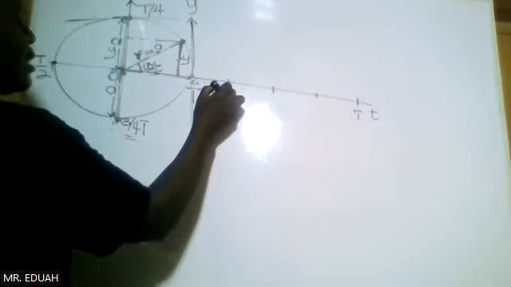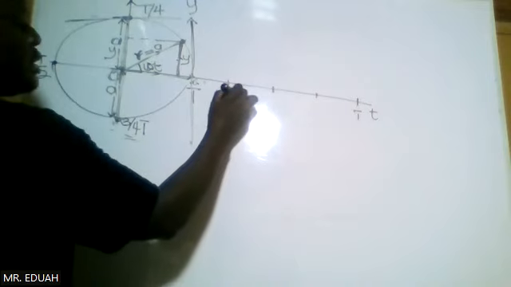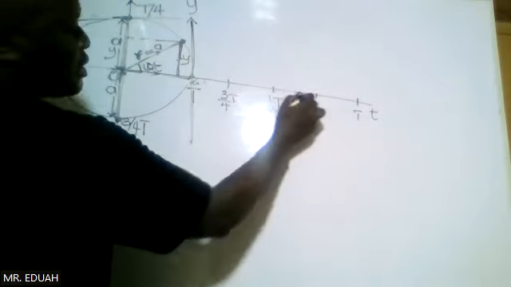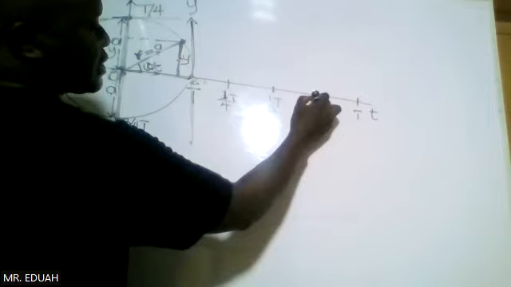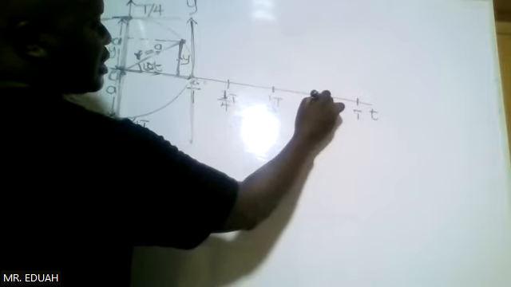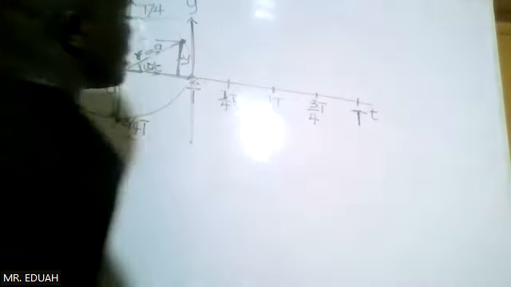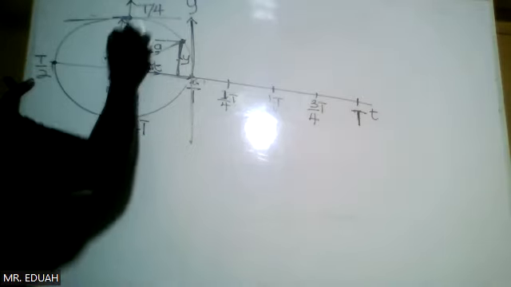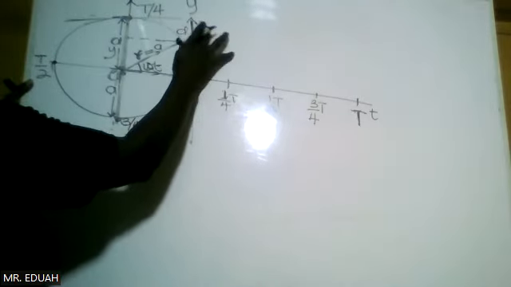So this is 1/4 of the period, this is half the period, this is 3/4 of the period, and this is the full period. So we are looking at the displacement of the body over one cycle. We have a positive amplitude. Let's assume there's the amplitude.